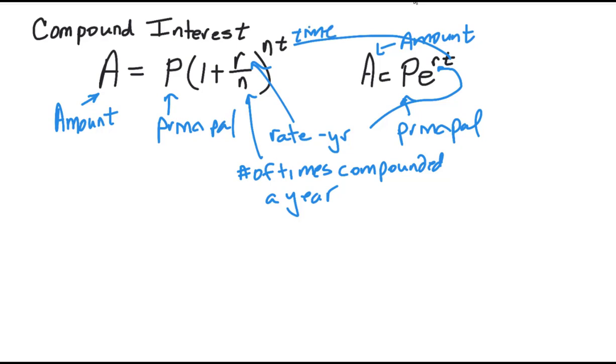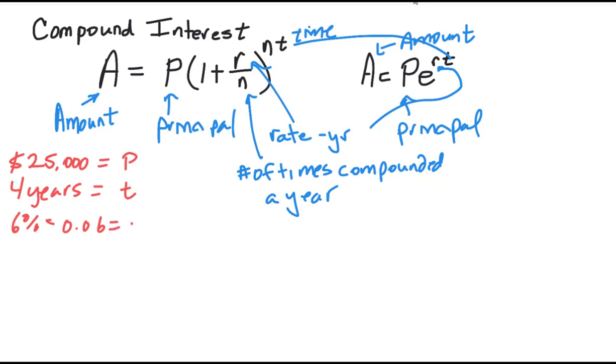So if we're given something that says you have invested $25,000, so I know that's the principal, and you do this for 4 years, so I know that's the time, and you put it in an account that gives you 6%, and you want to change your percentages to decimal, so that's my interest rate.